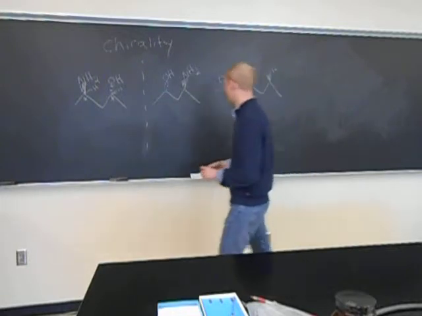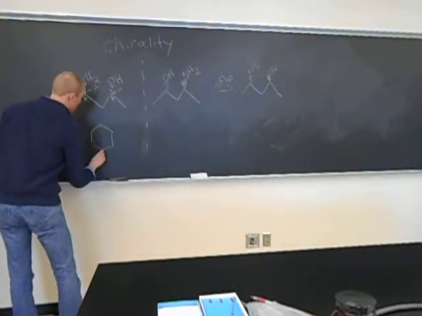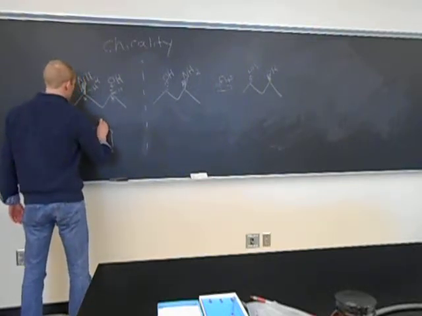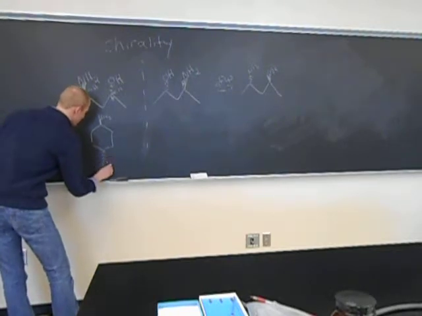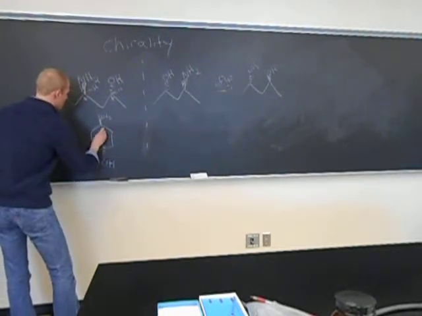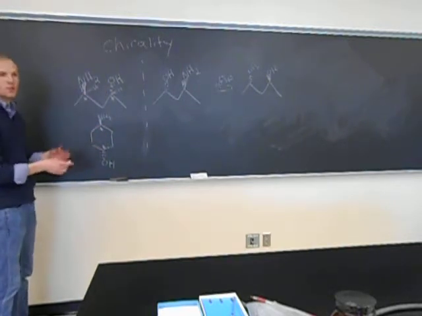Looking at a different scenario here, we can look at a cyclic molecule. Here we go. We'll use the same substituents here. And we can see that we have our two chiral carbons here, following the same process that we used above.